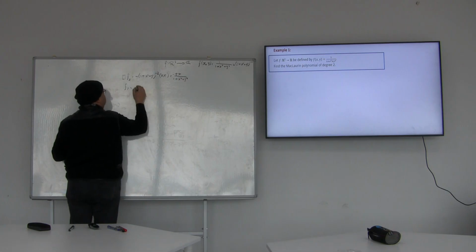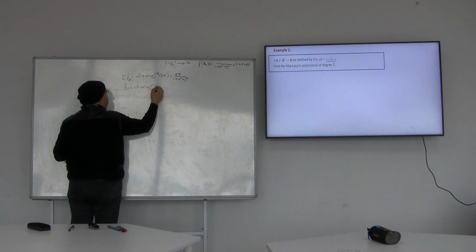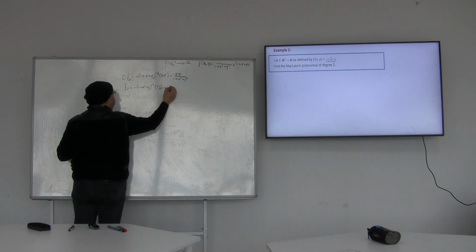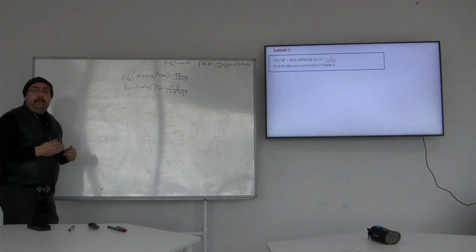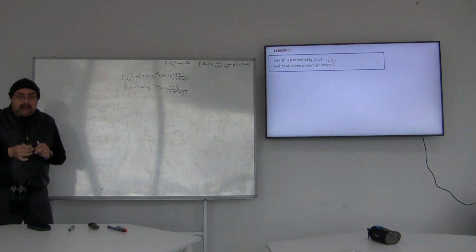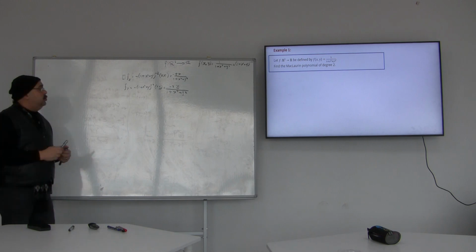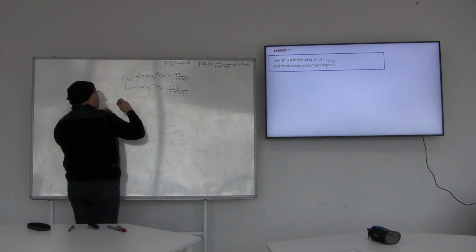I will differentiate with respect to y. So it's going to be 1 plus x squared plus y squared to the power of negative 2 times 2y. So if you write this, it's going to be negative 2y divided by 1 plus x squared plus y squared, squared.